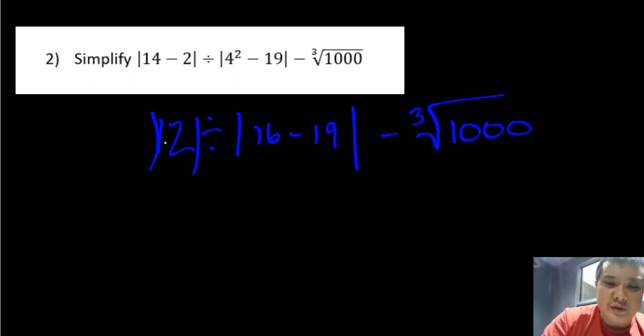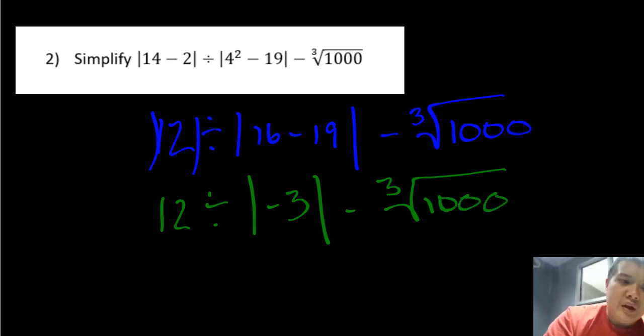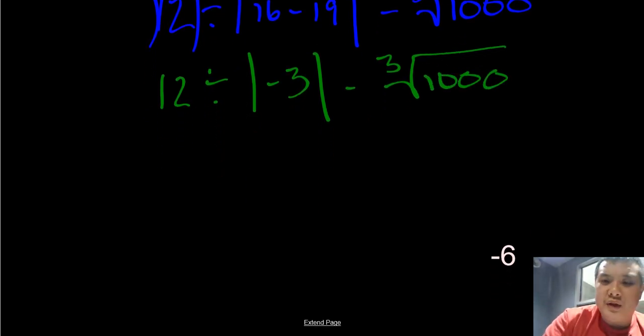Here we can start taking the absolute value of this one right here, which is 12. Then we can do the absolute value of negative 3 minus the cube root of 1,000. Then we can take the absolute value of negative 3.